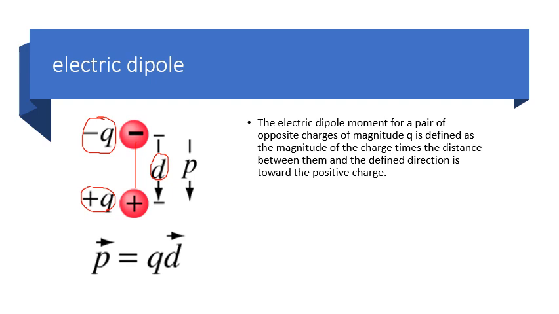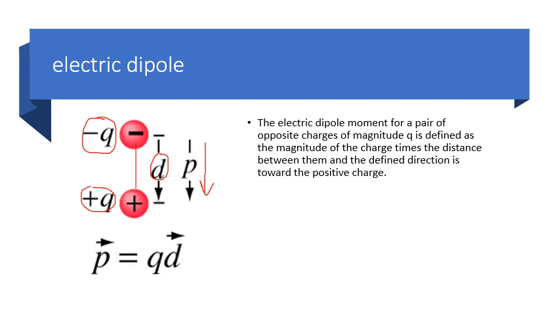Now, this has a moment that is called the dipole moment, and see the direction. The direction is from minus to plus, whereas the electric field direction is plus to minus.